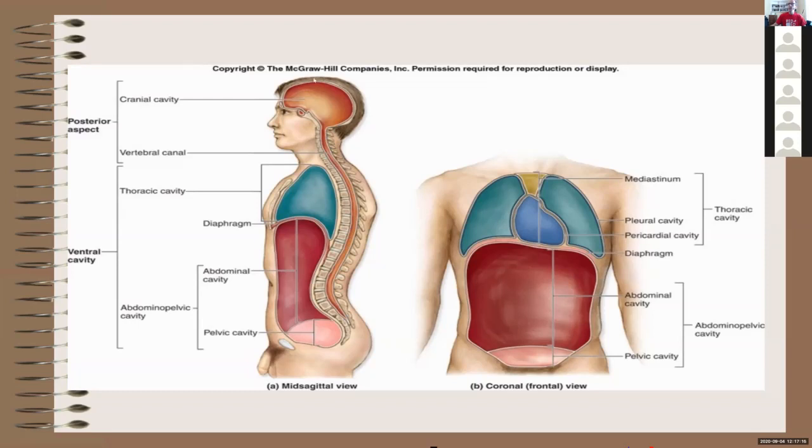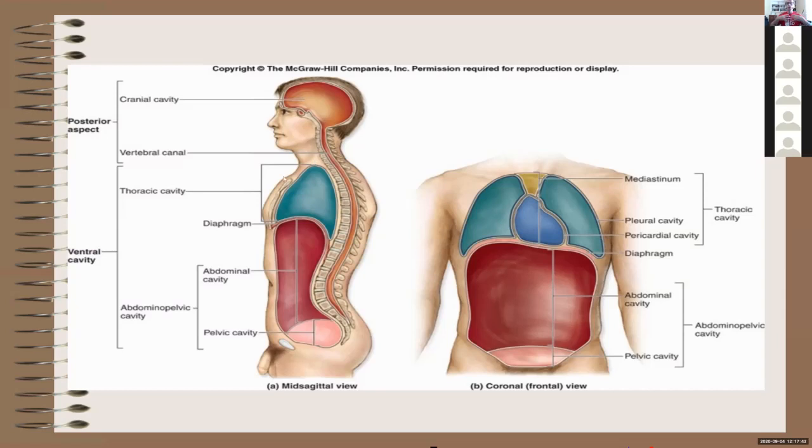The cranial cavity is the space that holds our brain. The cranium is another word for brain. And then the spinal cavity holds our spinal cord. And they are connected, which allows the brain to exchange fluid and nutrients with the spinal cord. But they're sealed off from everything else. And so we call that a cavity.